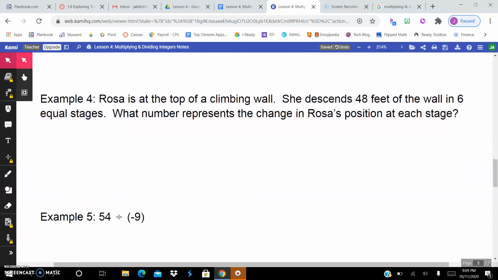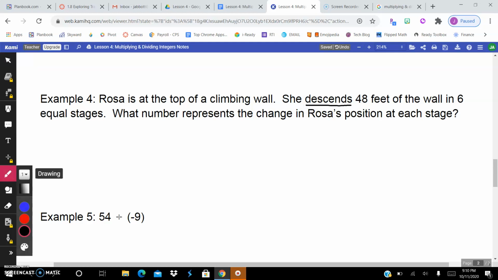Example 4, Rosa is at the top of a climbing wall. She descends 48 feet of the wall in 6 equal stages. What number represents the change in Rosa's position at each stage? So another vocab term, descends. That means we go down. So down is negative, so we have negative 48.